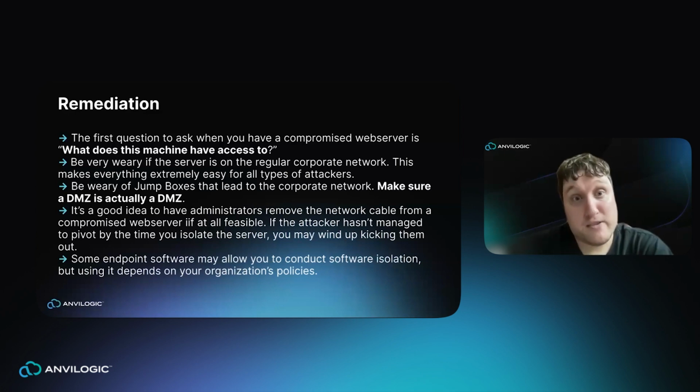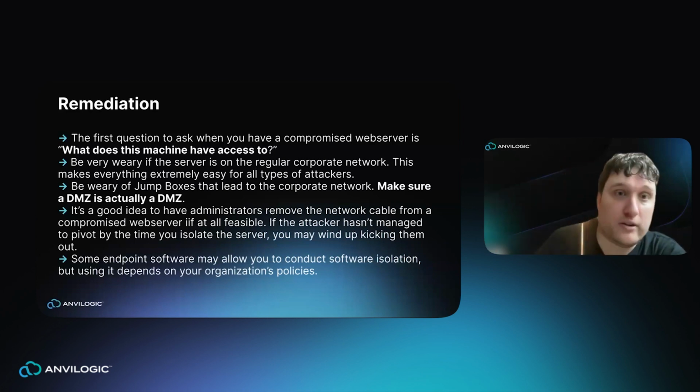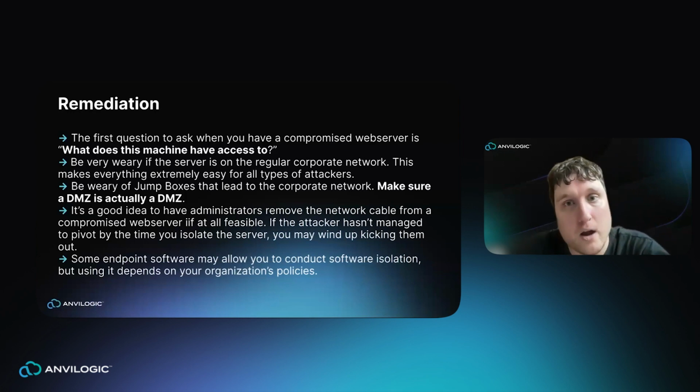So if there's a jump box that allows an admin to go from the corporate network to the DMZ to upload stuff, it usually follows that an attacker can go through the same way. Not always, but sometimes. So you want to get all the details on what the DMZ actually is every time, because it can wind up burning you.